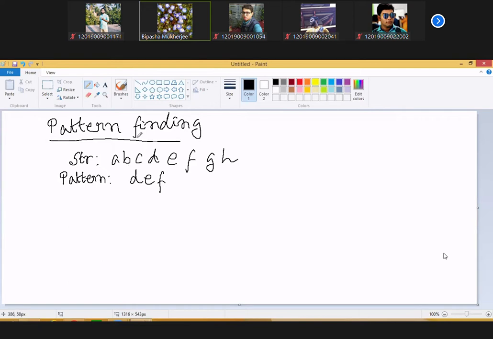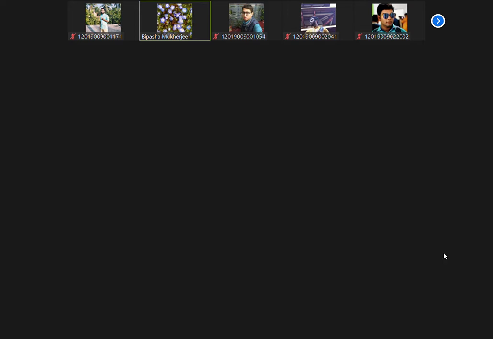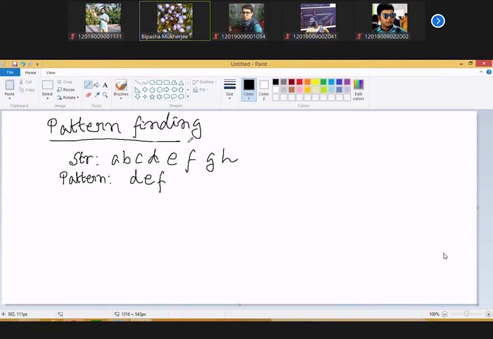In the previous thing that we have done, the match need not be in a contiguous manner; you have to check the match with the maximum number of characters in a specific order in that string.